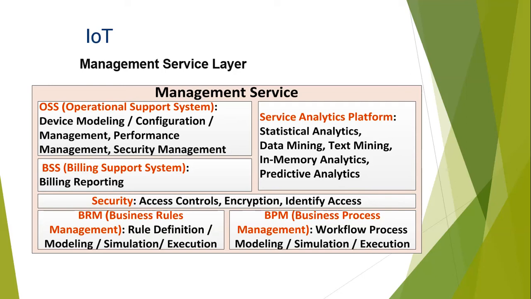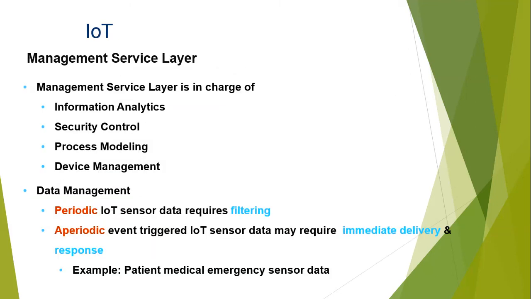It includes rule definitions, modeling, simulation and execution. And then we have BPM, which is business process management, which is in charge of workflow process modeling, simulation and execution. So this is all about the management service layer, which is a part of your IoT architecture.